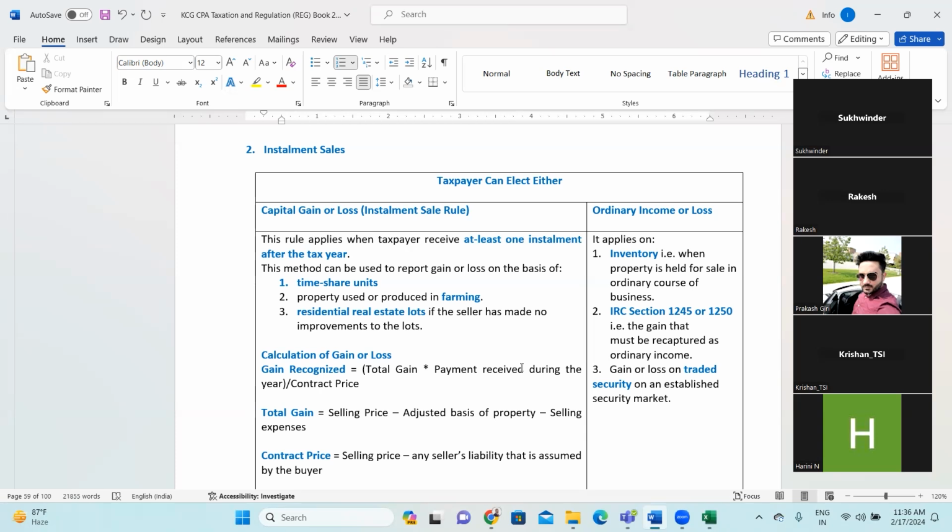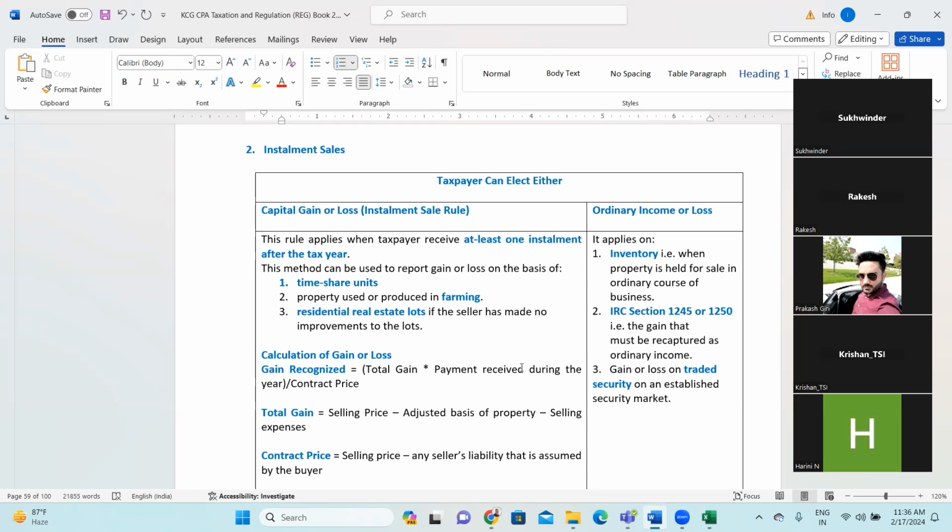I know some of you have a fair idea about installment sale, but some students may not, so that everyone is on the same page. Installment sale is basically, let's assume, a taxpayer has a small shop in which he or she is selling maybe refrigerator or air condition.